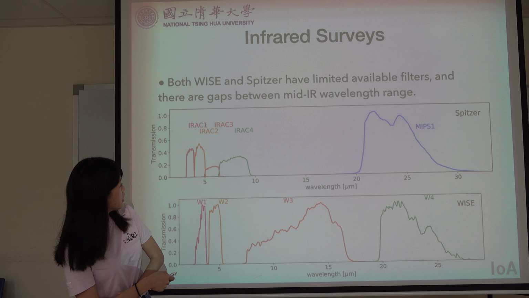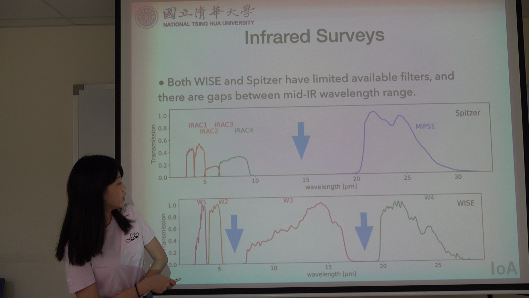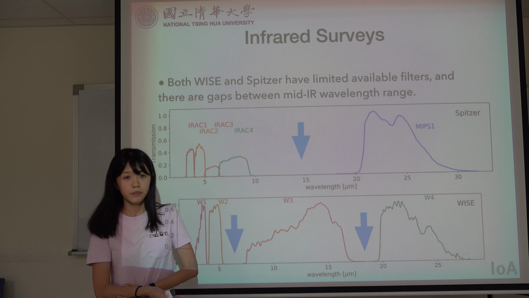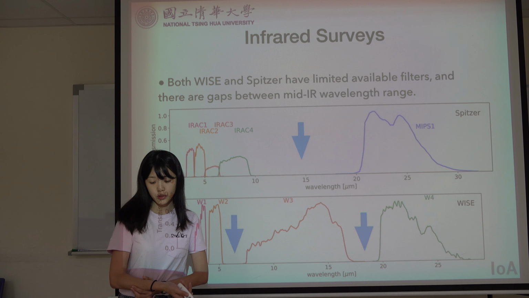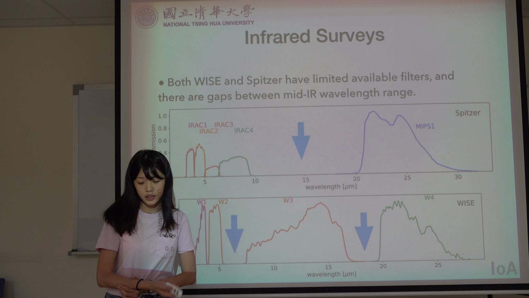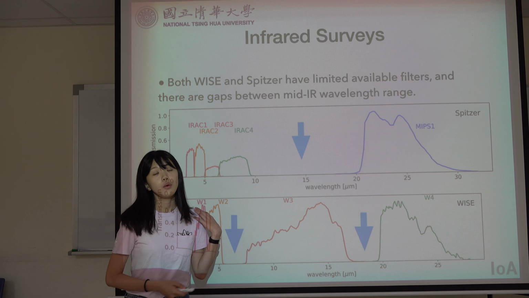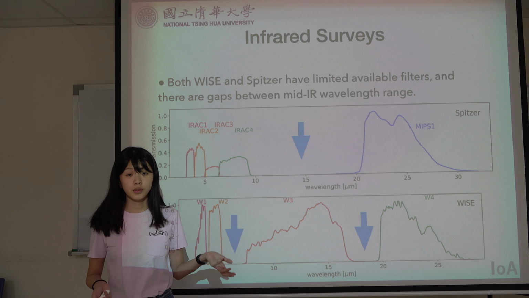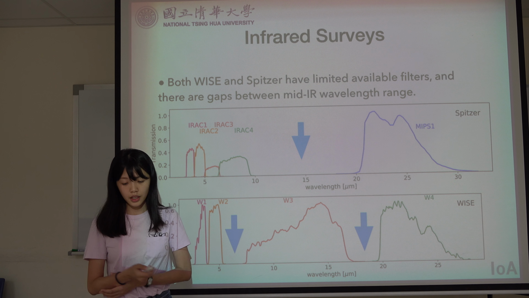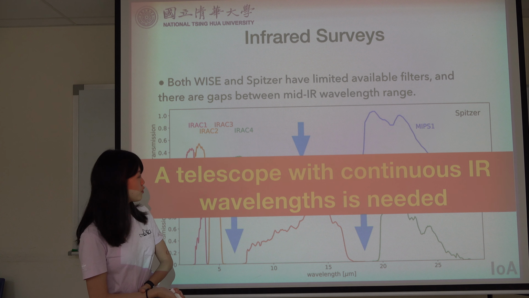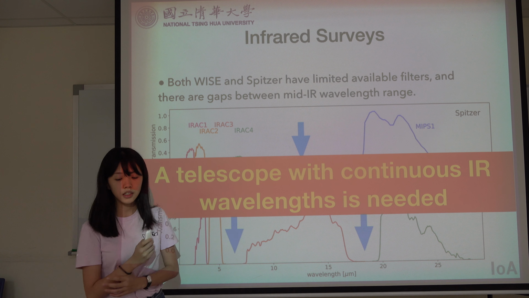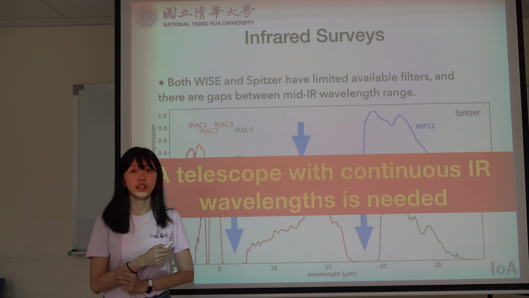But we can see there are actually gaps between these filters. So if the feature of a source falls in the gap of the filters in WISE or Spitzer, we are never able to distinguish whether they are AGNs or not. Therefore, a telescope with continuous infrared wavelengths is needed.